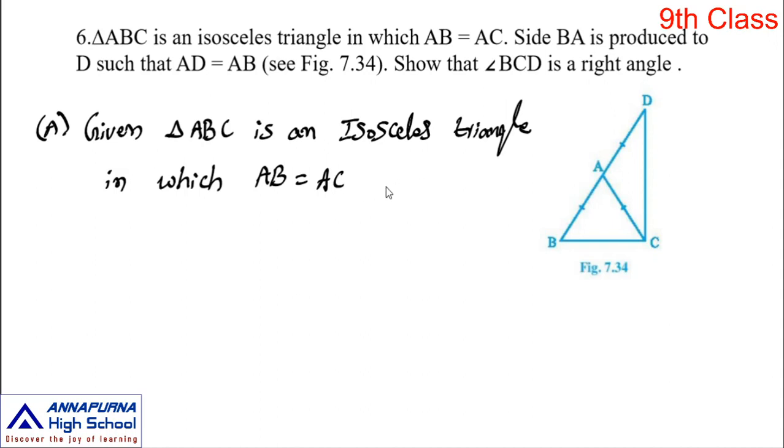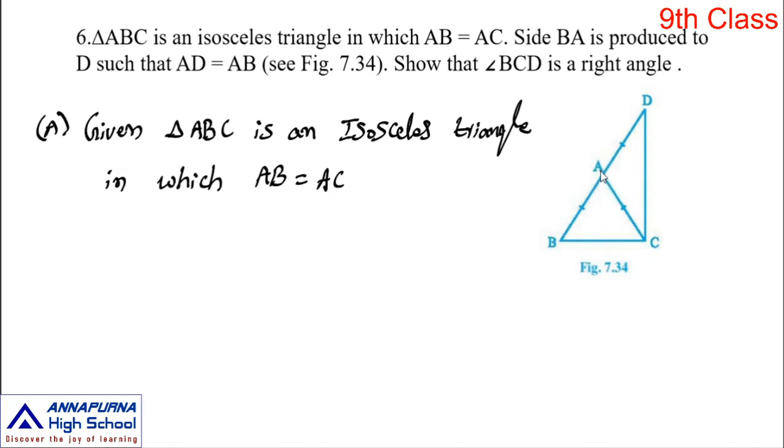By using theorem 7.2, what is the statement of theorem 7.2? Angles opposite to equal sides of an isosceles triangle are equal. AB is equal to AC, so angle ABC is equal to angle ACB. These two angles are equal.